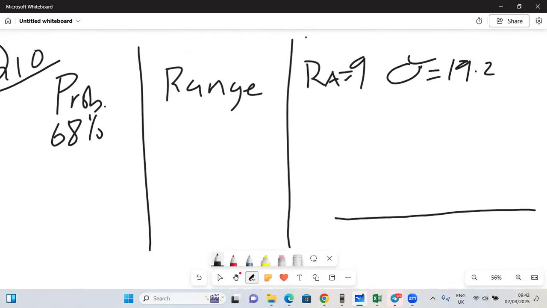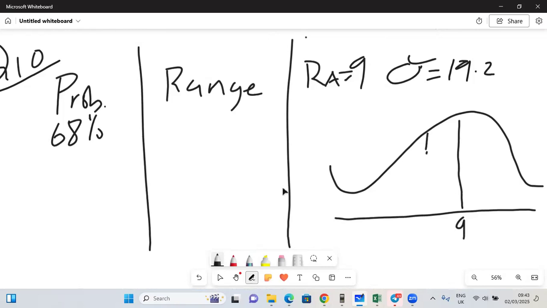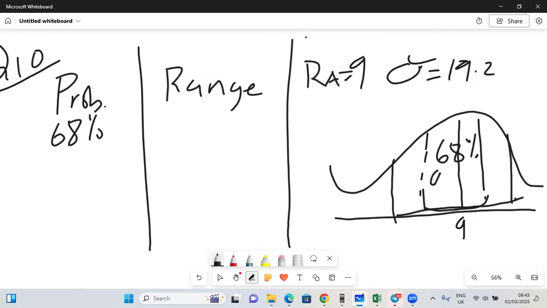like this, and the mean is here, the first move, either to the left or to the right, sums up to 68%. Then the second move further on sums everything up to 95%.